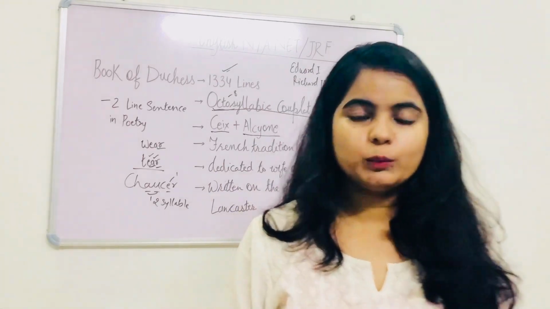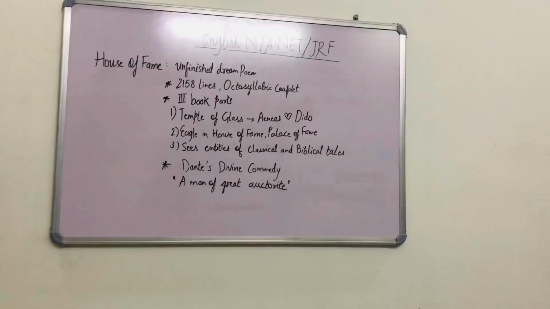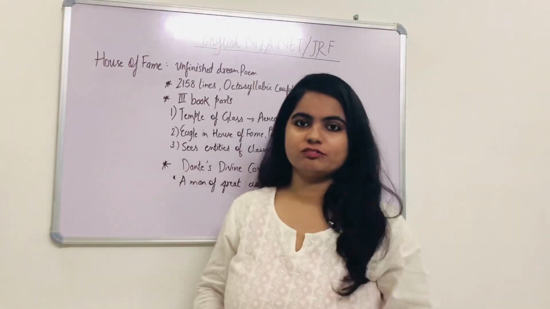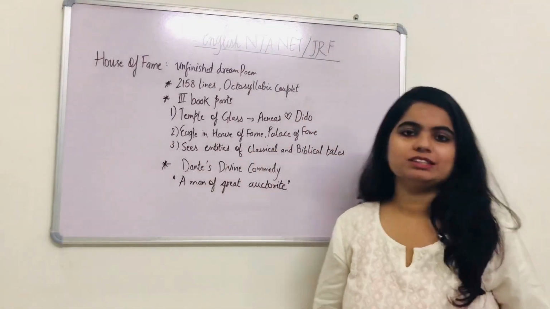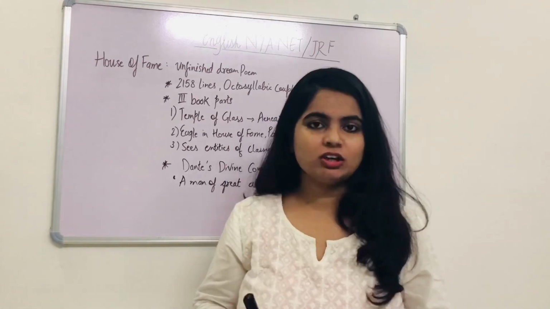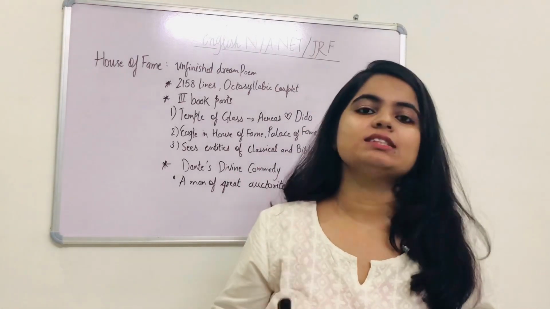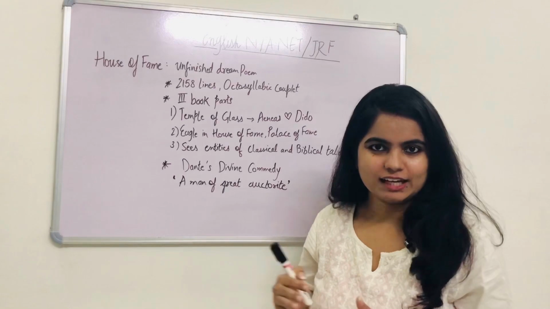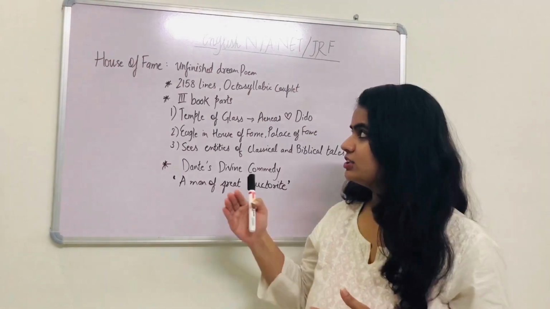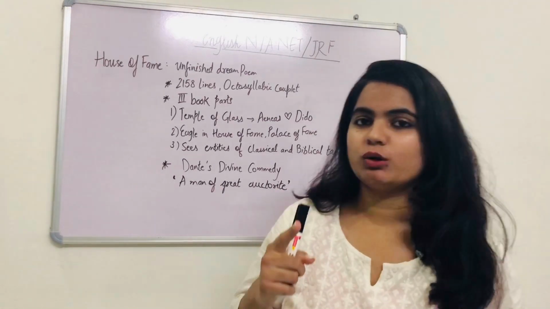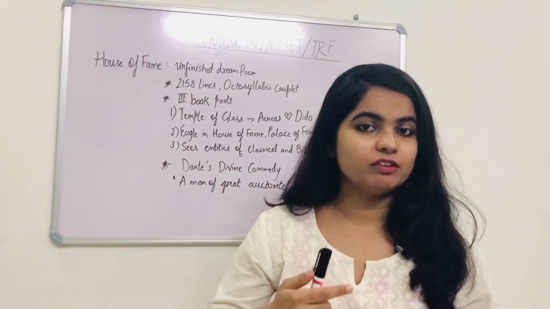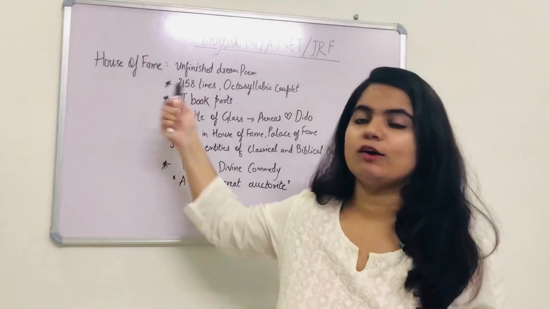Now the next work which we will do is House of Fame. House of Fame is the second work. It is not in chronological order, the time period was uncertain. So we just need to remember that the first major work, which we have just covered, was Book of the Duchess, and the second is House of Fame.